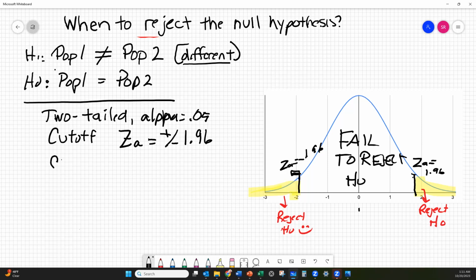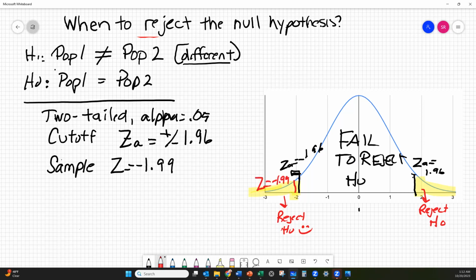And so if our sample Z-score is, let's make it negative 1.99, that sample Z-score would then fall just barely into this region, minus 1.96 compared to minus 1.99.